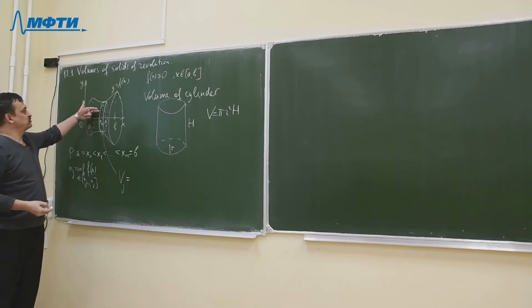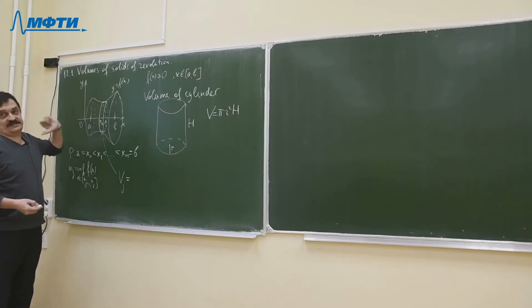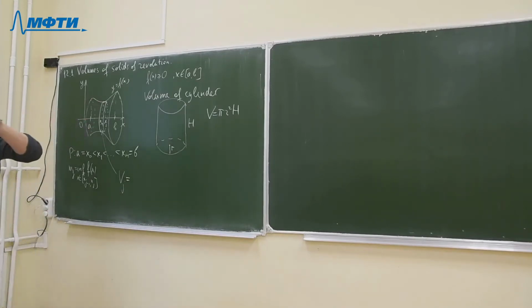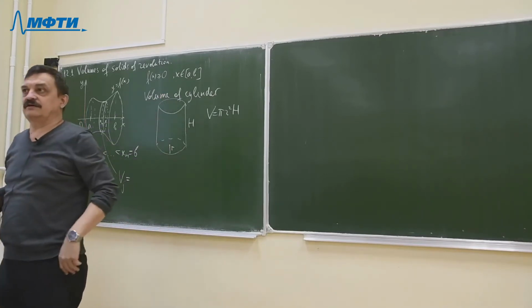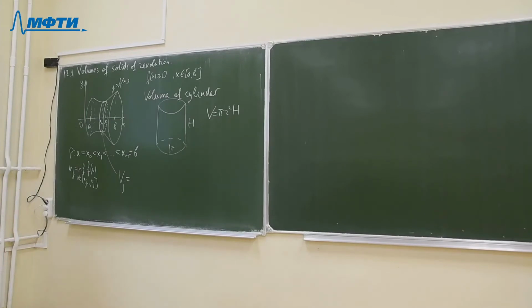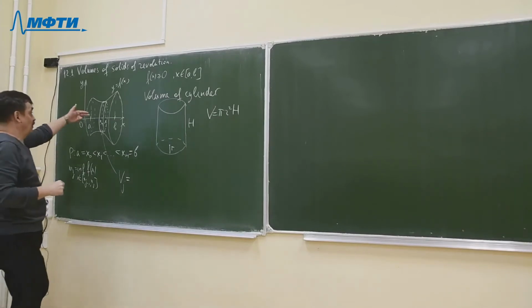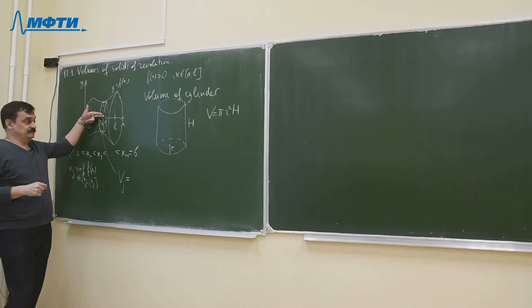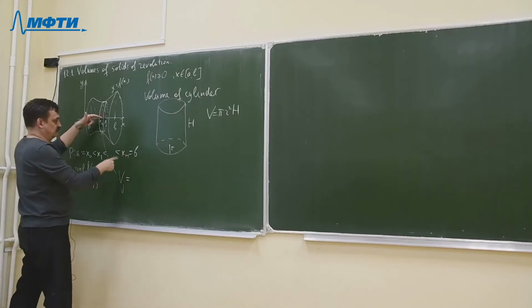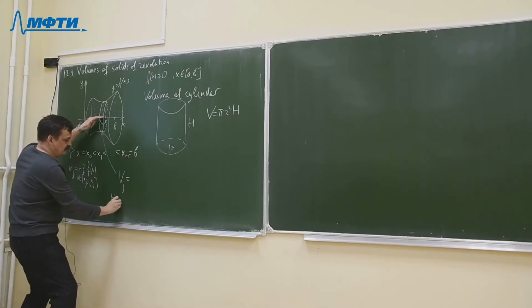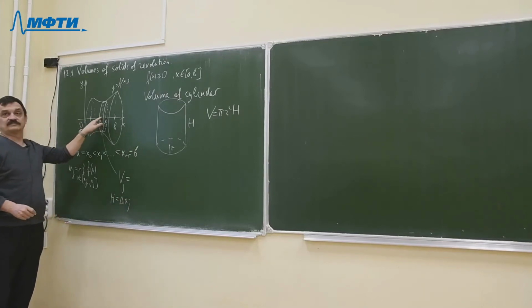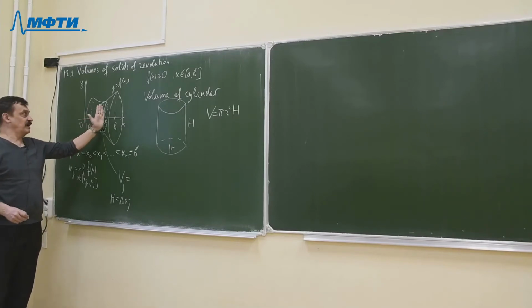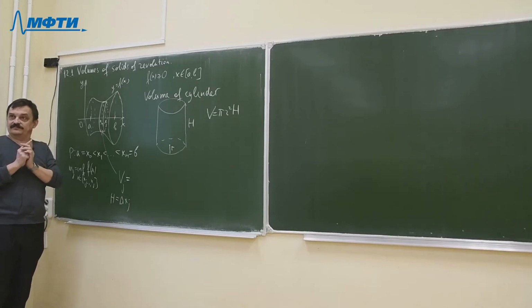What is the radius of the base? You see, the cylinder lies horizontally, not vertically like here. The height here is delta x_j, the distance between x_{j-1} and x_j, the height of this thin cylinder.